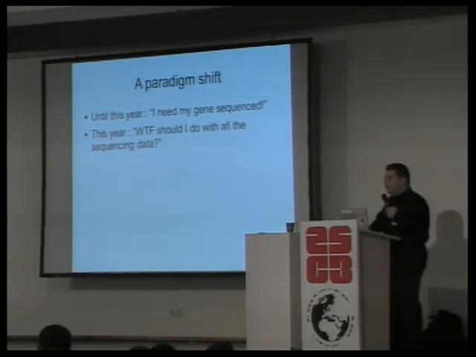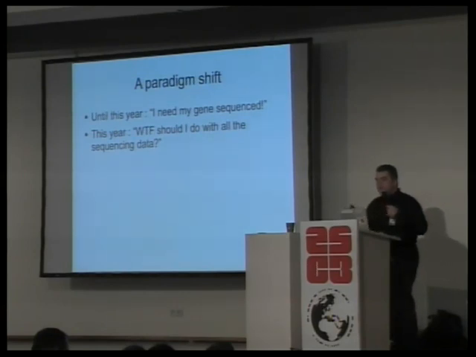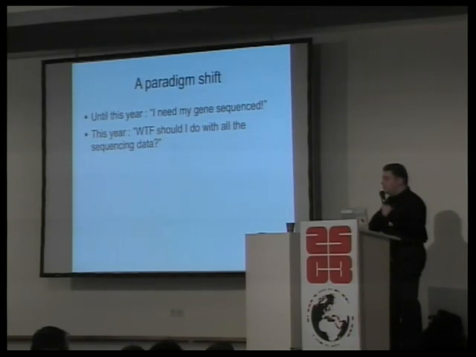It's a real problem, because there's no algorithm, there's no software, there's no concept of how to deal with all this data, because for the last few decades, everything was developed on the principle: we have a sequence, now we have 20 people who can look at this single sequence. And now people are drowning in data, and they don't know what to do with it.